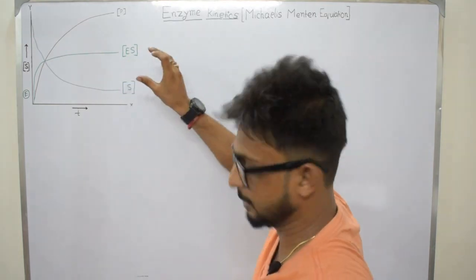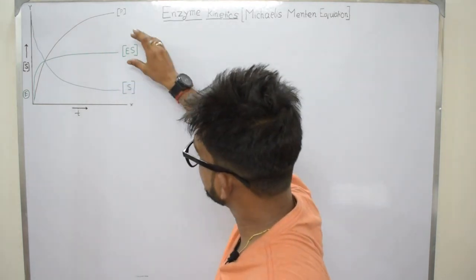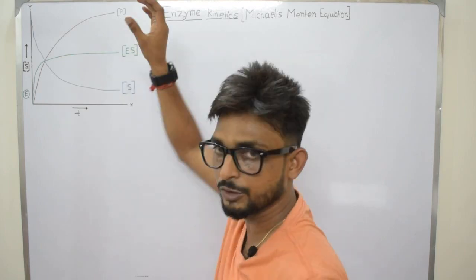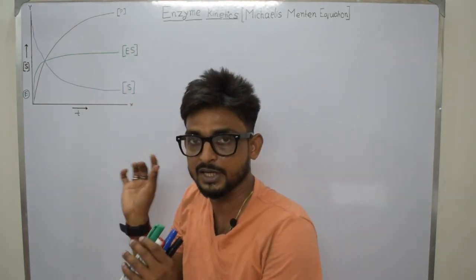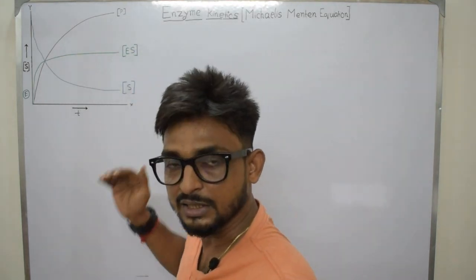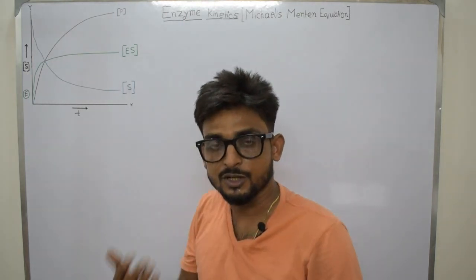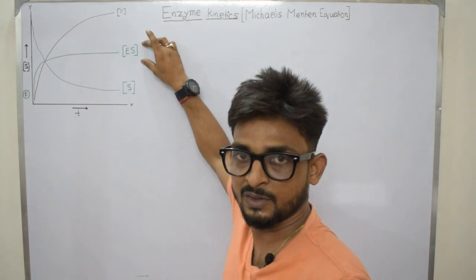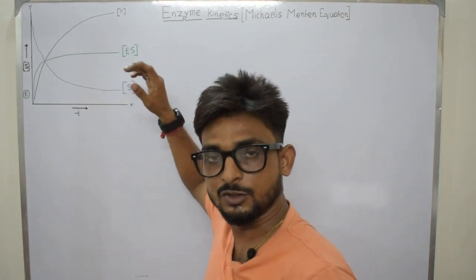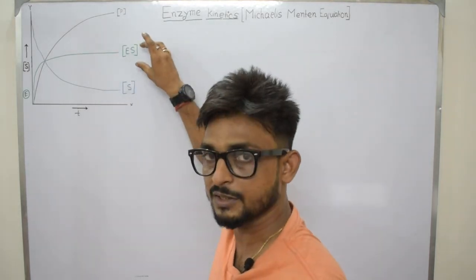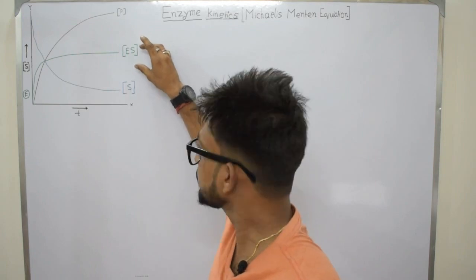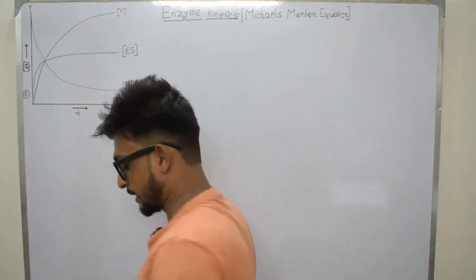Now if this graph is showing the steady state of the reaction, that means the rate of the formation of the enzyme substrate complex and the rate of the dissociation of the enzyme substrate complex are equal.